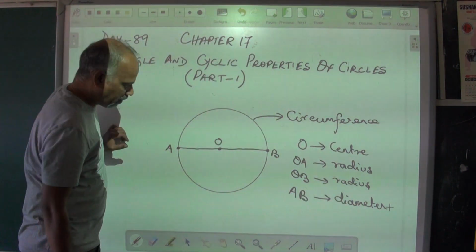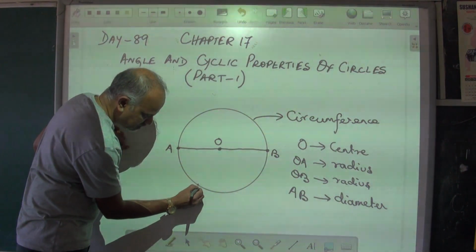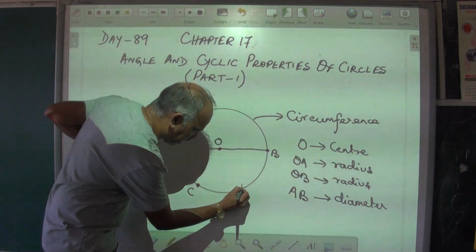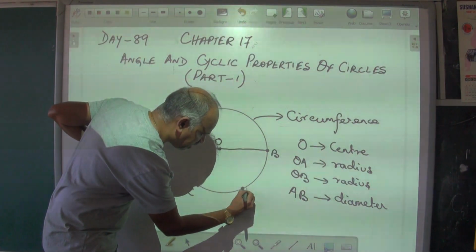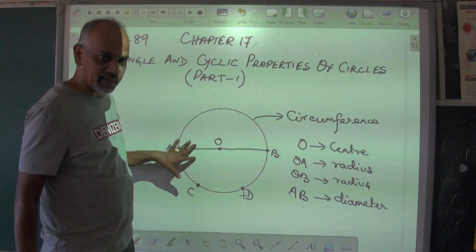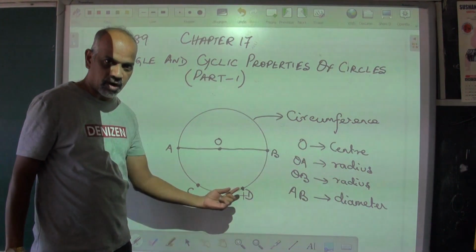Now, if I consider another point C on the circumference of the circle, and one more point D on the circumference. Let's forget about AB. We are considering C and D, 2 points on the circumference.